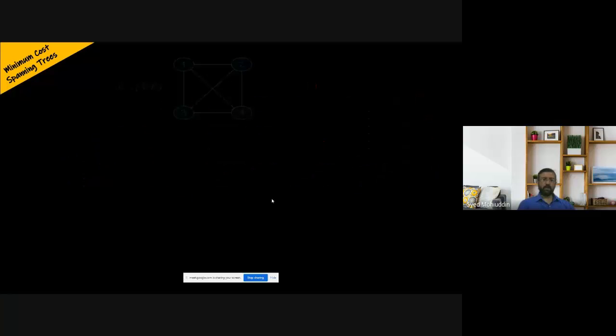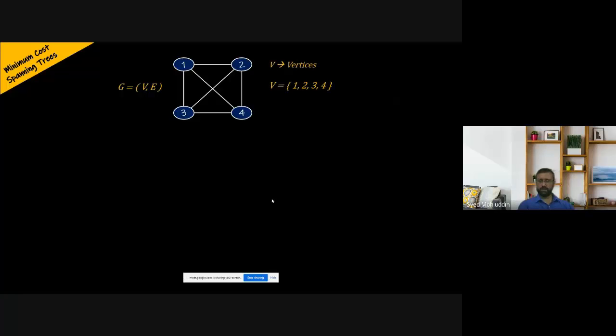So let us consider we have a graph G where V represents the vertices and E represents the set of edges. A graph may have any number of edges, it doesn't matter, but this is a sample graph here.